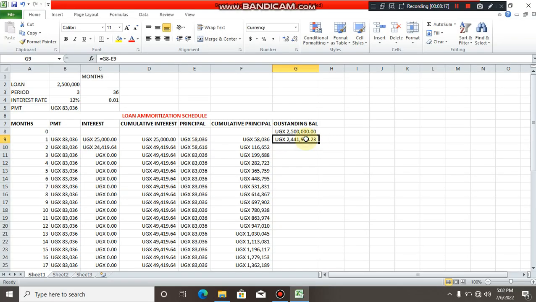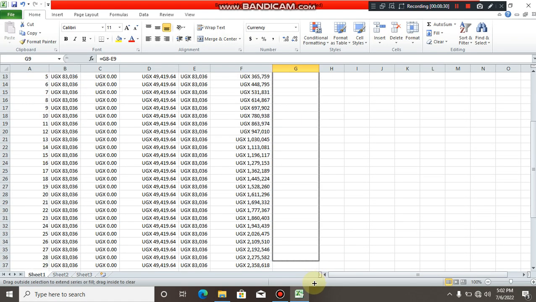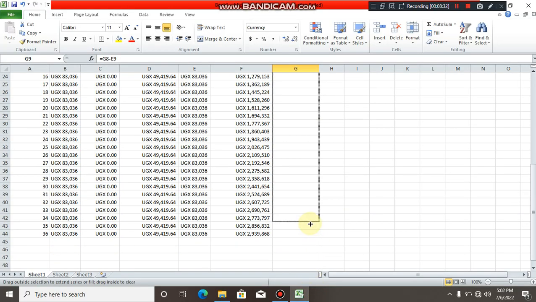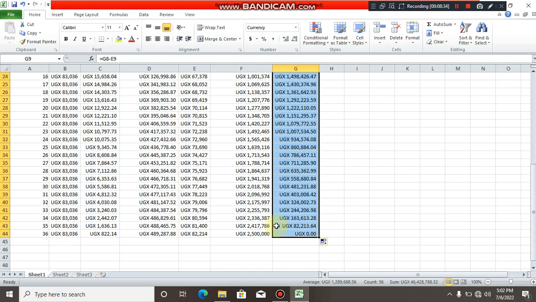So in brief, the outstanding balance equals the previous balance minus the principal. Hope you're getting it. Let me run it up to 36 months. So you see things have changed. Wow.